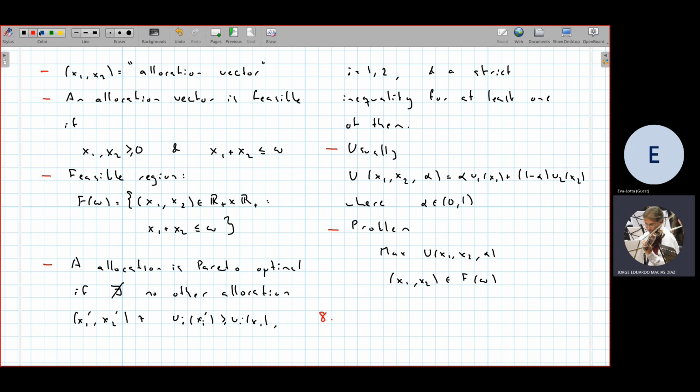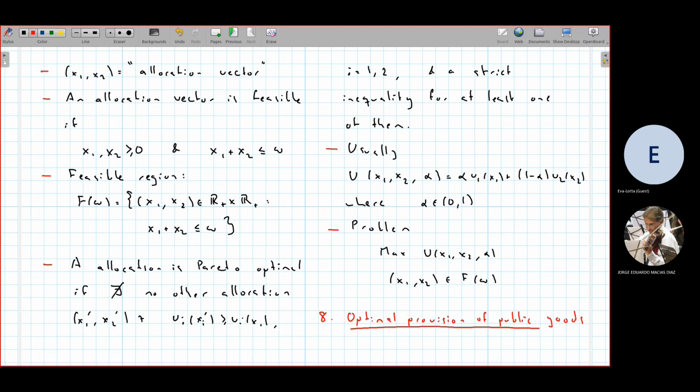So the next problem will be what we call optimal provision of public goods. I'm going to leave this problem to you for you to study. So read it, please.